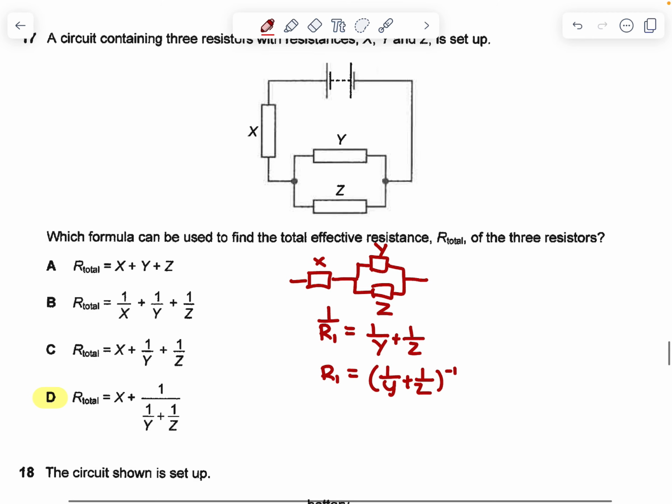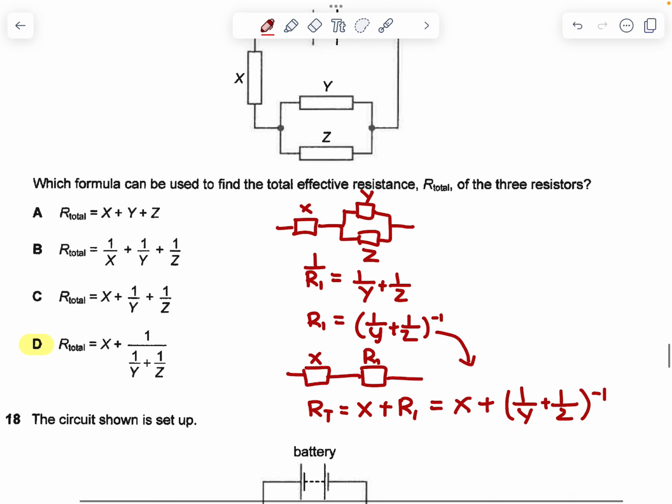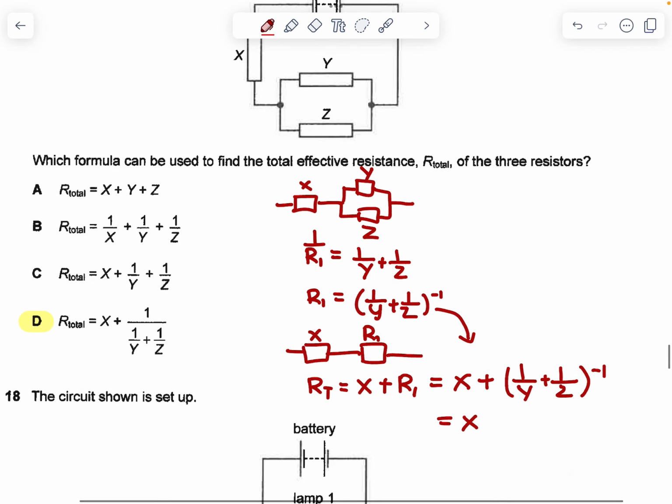Okay, so we can redraw it as X and R1 now. And we solve one more time. R total in series will be equal to X plus R1, which is equal to X plus this one here, 1 over Y plus 1 over Z, inverse. Okay, we write it in the easier form. Answer D.